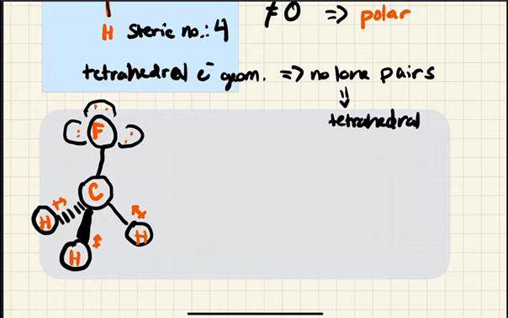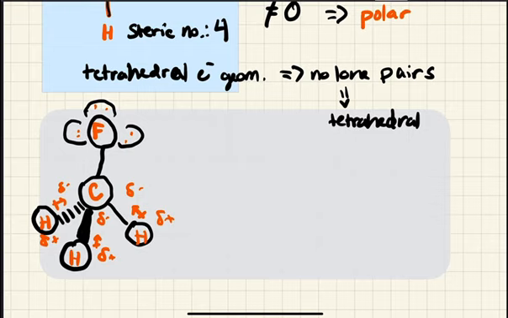Because carbon is pulling those electrons towards itself, we have a partial negative charge on the carbon side and a partial positive charge on the hydrogen side. And you don't really need to worry about drawing in these partial charges if you've already shown the arrow indicating the direction of the polarity.